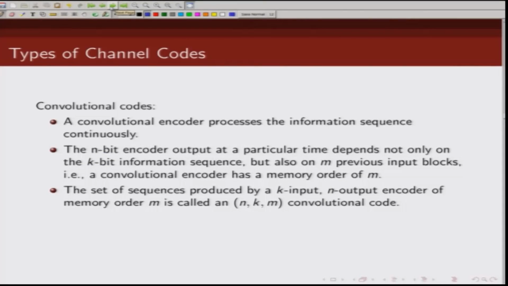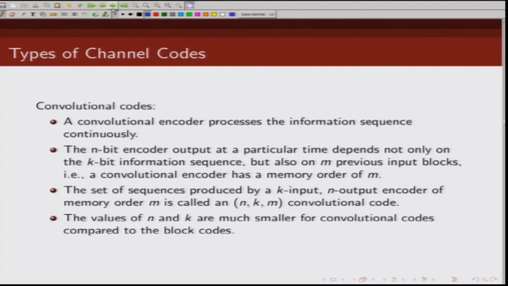So, we define a convolutional code not only by the parameters n and k, but also by another parameter which denotes the memory of the encoder. Another subtle difference is that in convolutional codes, typically the values of k and n are much smaller compared to the values of k and n for block codes.